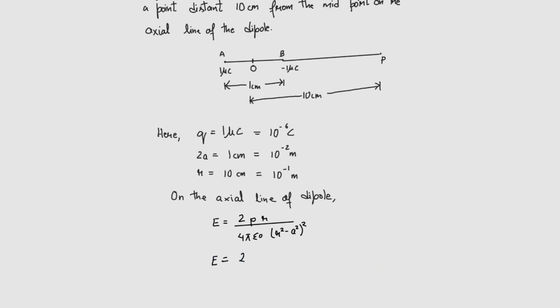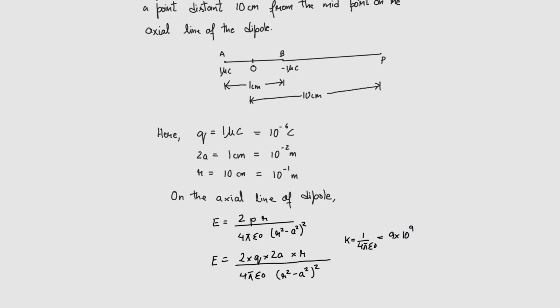Here, I will write the formula for E at P, which is Q into 2A into R divided by 4 pi epsilon naught, R square minus A square whole thing square. Let me clarify another important thing, which is the value of 1 by 4 pi epsilon naught. If you still remember, k is equal to 1 by 4 pi epsilon naught, and k is equal to 9 into 10 to the power 9.